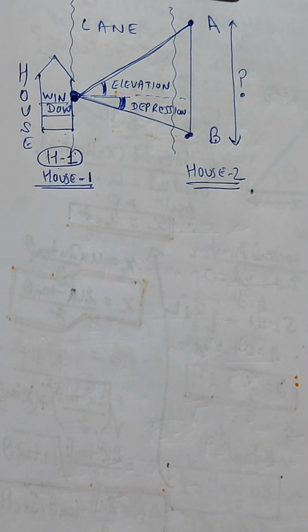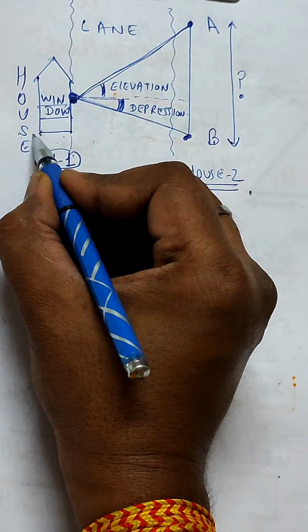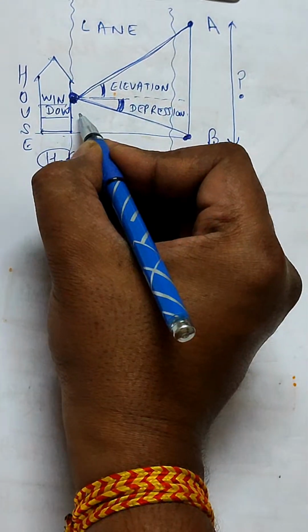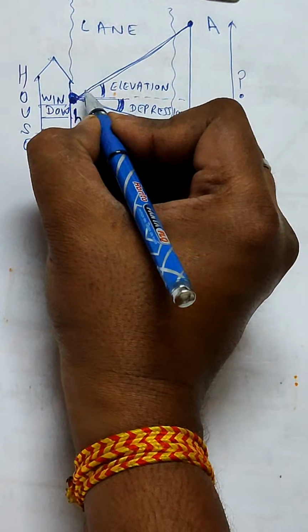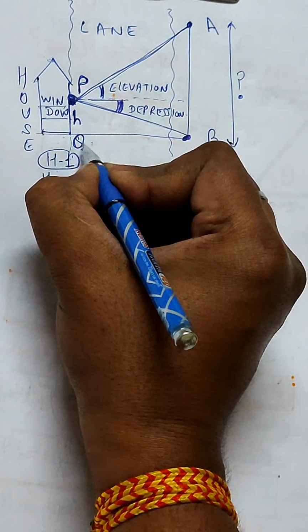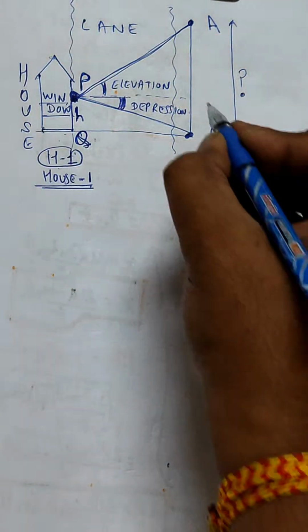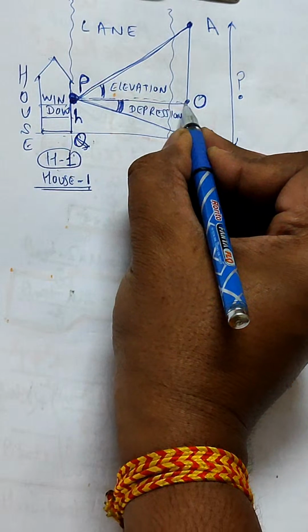Now it's also given that the height of this window of the first house is h meter above the ground. This is h. This data is given to you. So let's say if this is P, this is Q, and let's say this is a point O which is parallel to the QB, right?